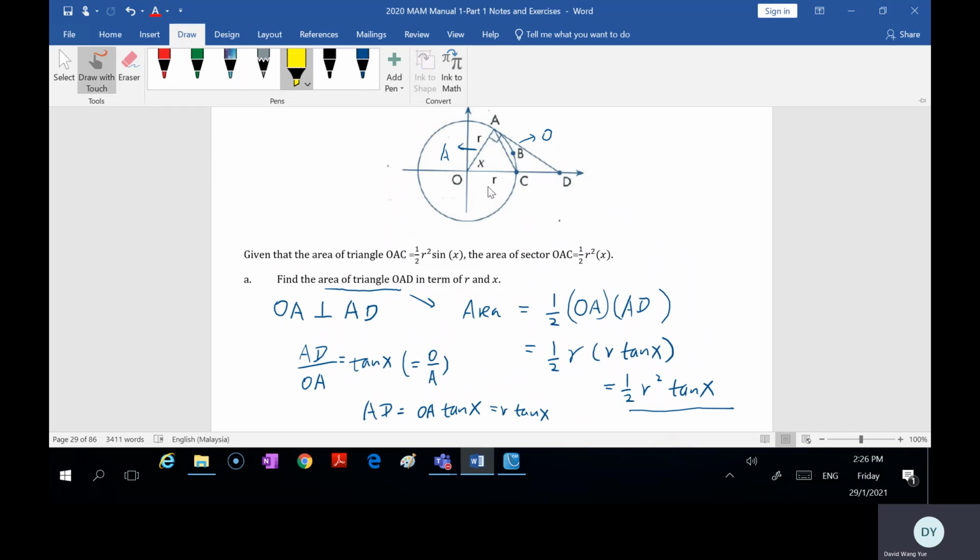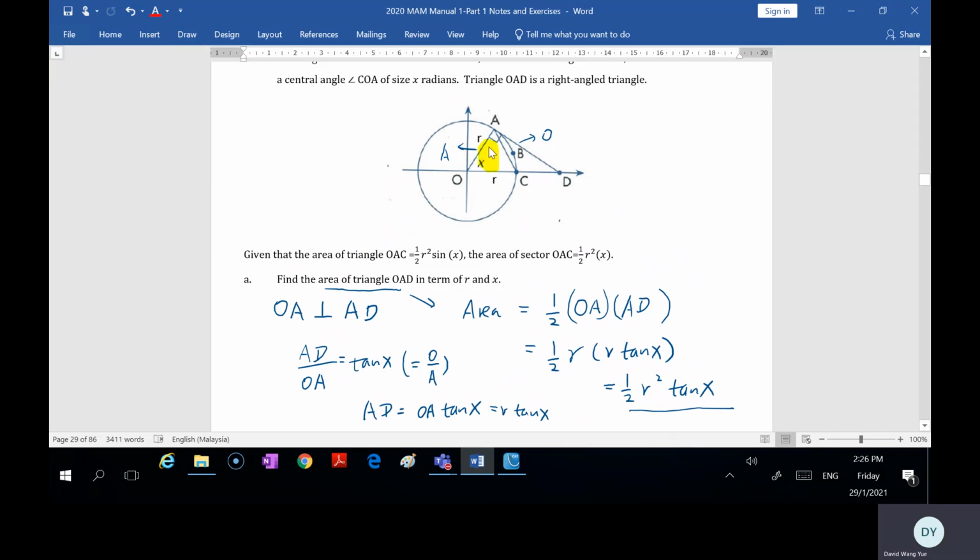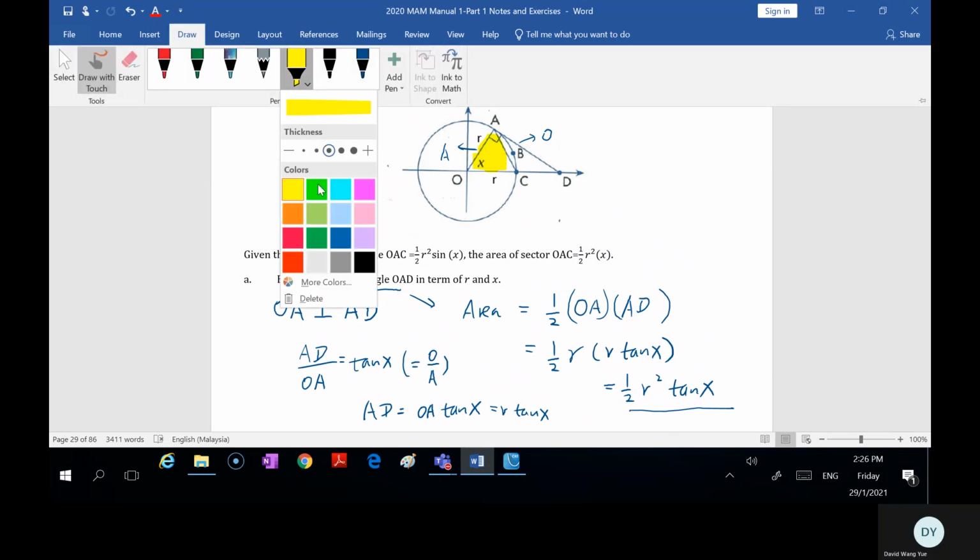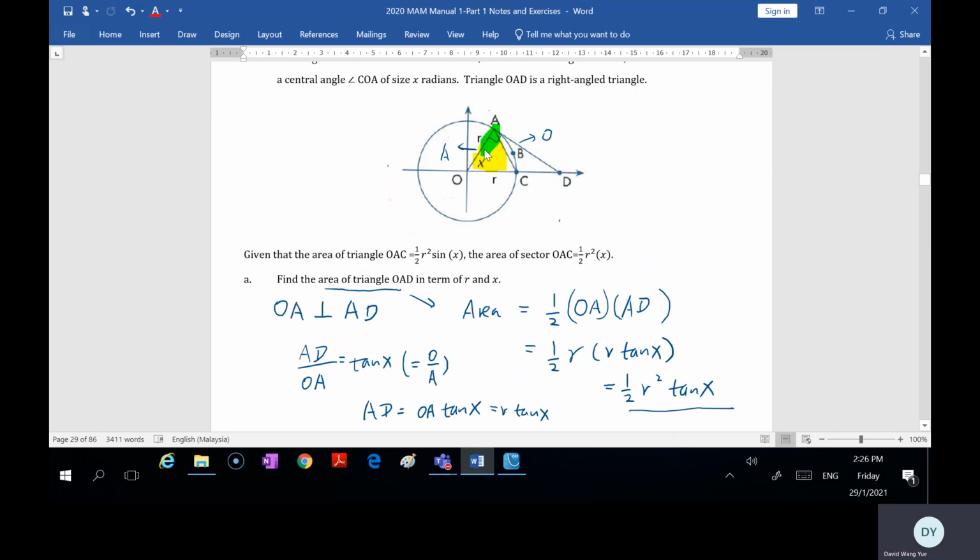I use a highlighter this time. The small triangle OAC is smaller than the sector. You can see the green sector covers the yellow triangle OAC.